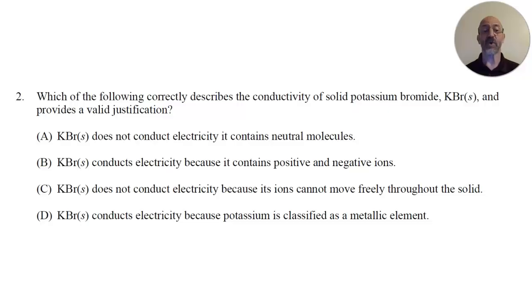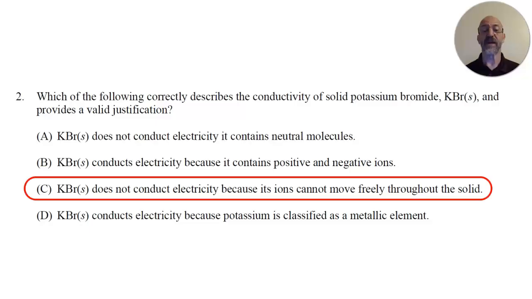So it's either choice A or C. Now it's not because the solid potassium bromide contains neutral molecules. It's because the solid potassium bromide does contain ions, but the ions cannot move freely throughout the solid. So the correct answer to question 2 is choice C.